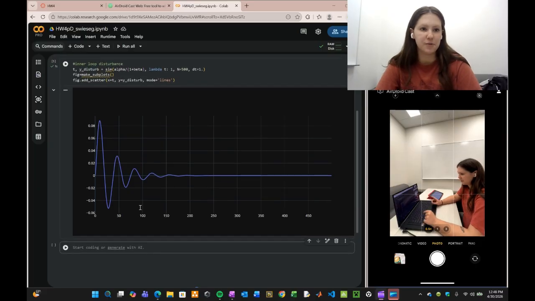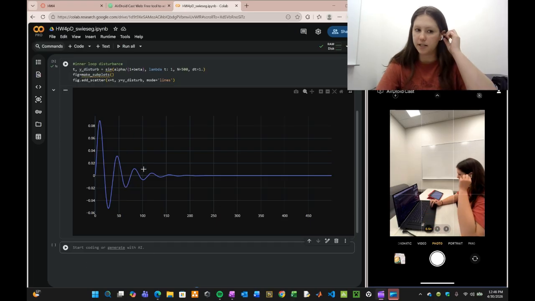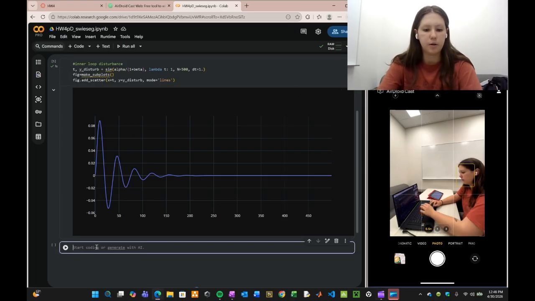But yeah, here's our inner loop disturbance graph here. We can see it oscillates and reaches a steady state around 0. Now really quick, let's plot our outer loop so that we can compare the two.